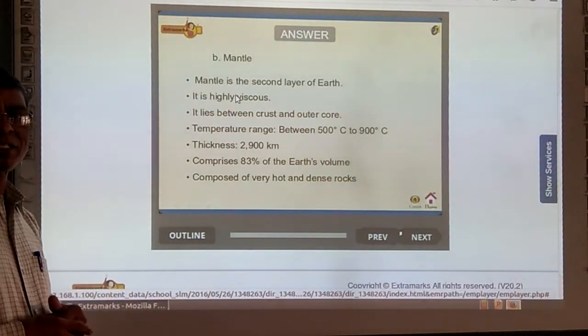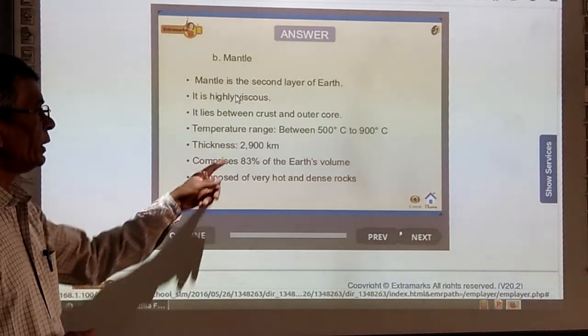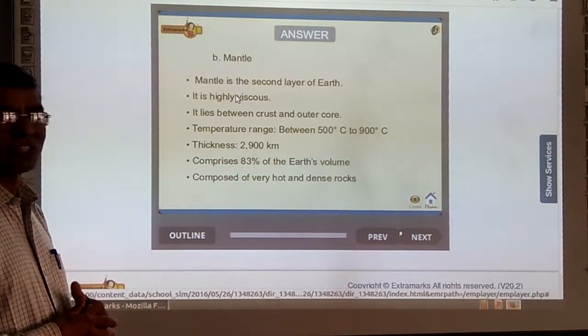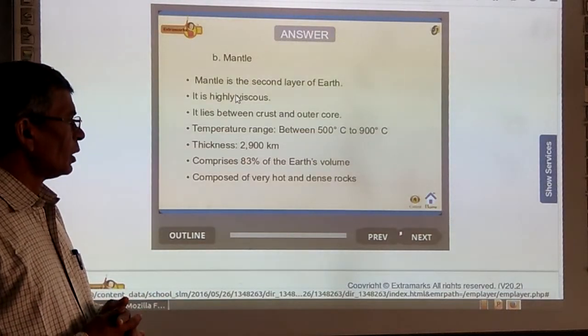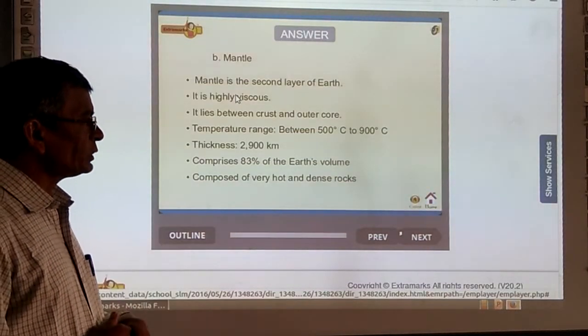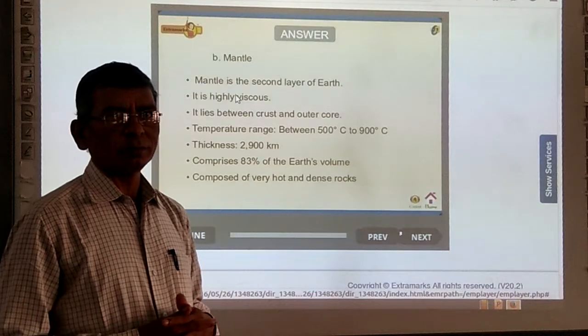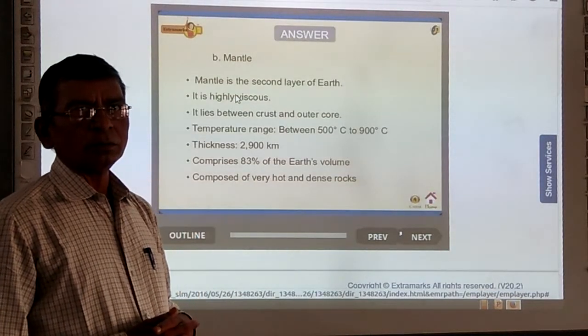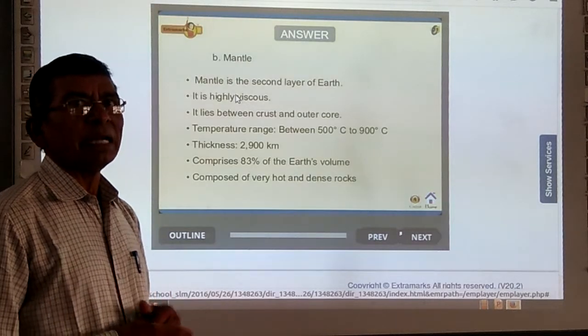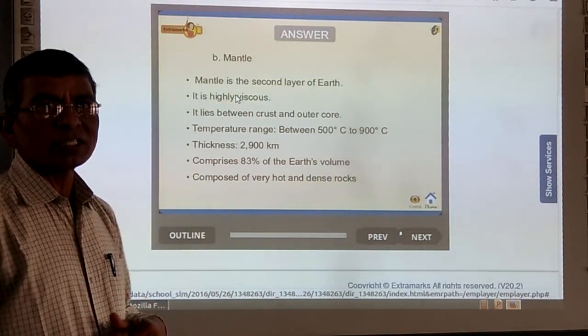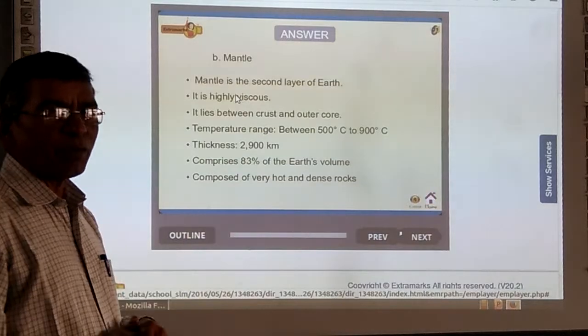The thickness is 2900 kilometers. It comprises 83% of the Earth's volume, and is composed of very hot and dense rocks. The formation of all rocks takes place in this layer, that is the mantle. So mantle is the right answer.